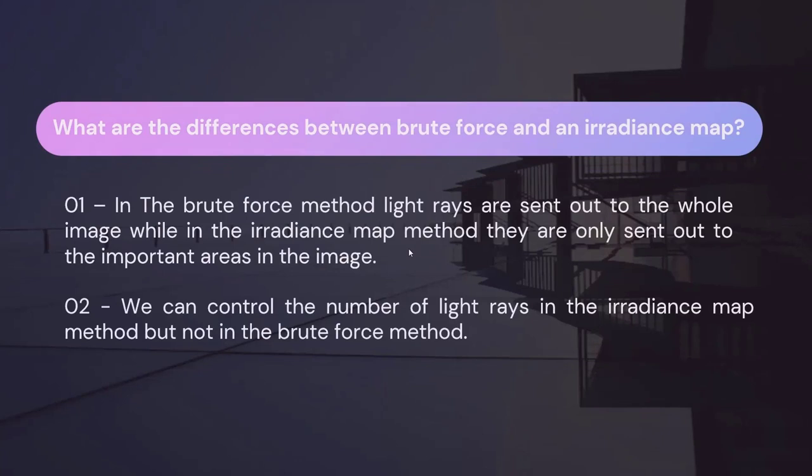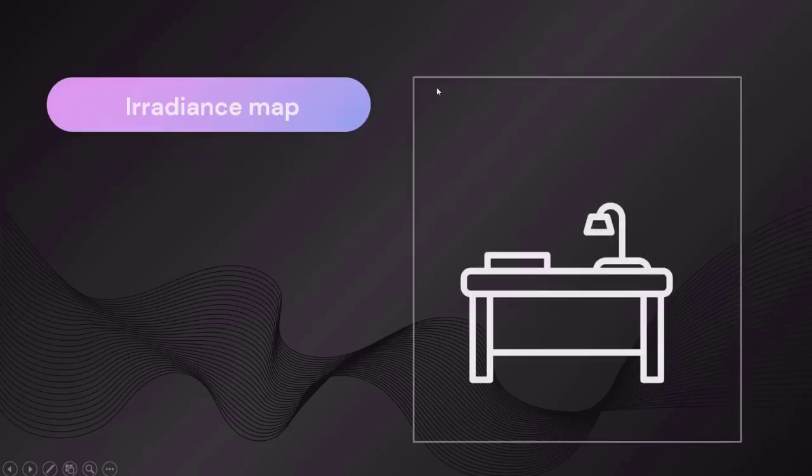Now let's talk about the differences between the brute force method that we learned in the previous session and the irradiance map method that we're going to learn right now. We said that the brute force method, like its name suggests, will distribute the rays of light into our scene evenly, and it doesn't really care what part of the scene is more complicated than the rest, and it will just cast the rays into the scene equally all over.